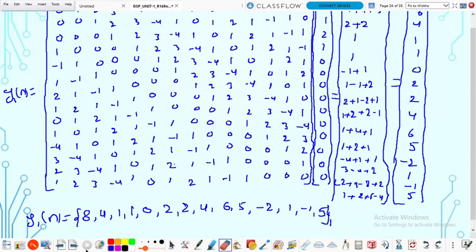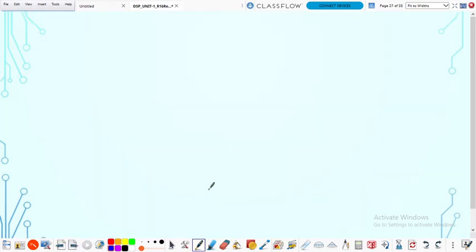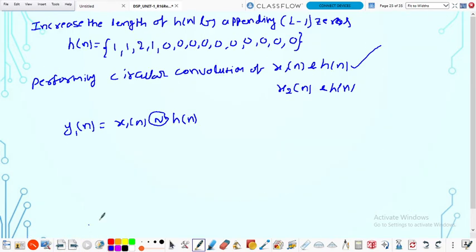And similarly calculate the second output sequence, that is y2 of n is equal to x2 of n circular convolution h of n. Similarly perform the circular convolution of the second sequence.